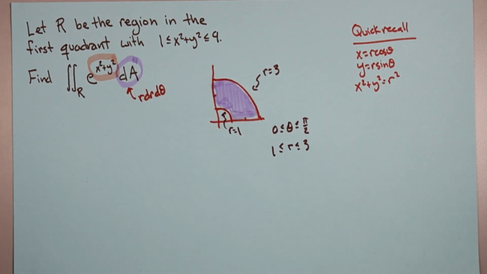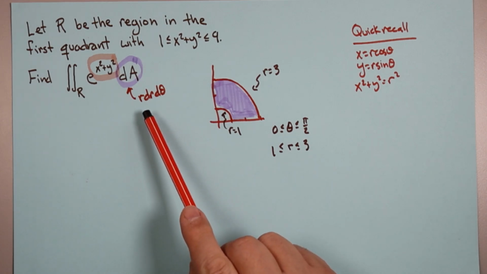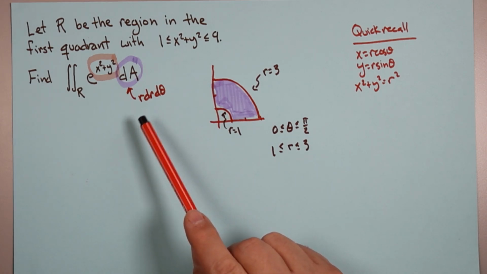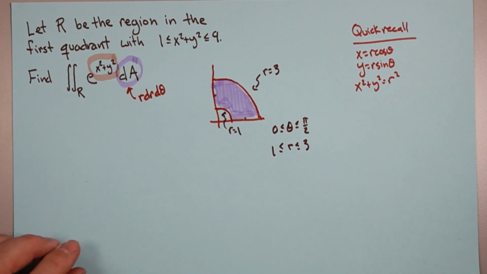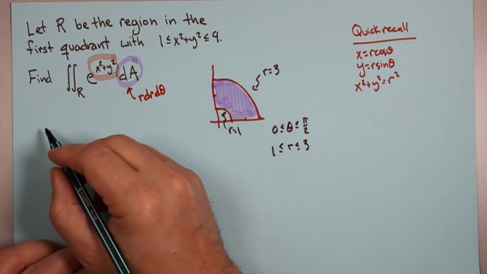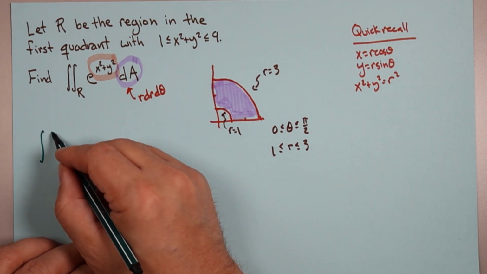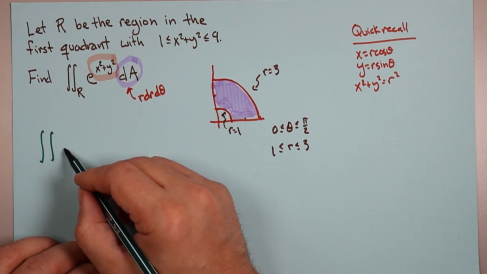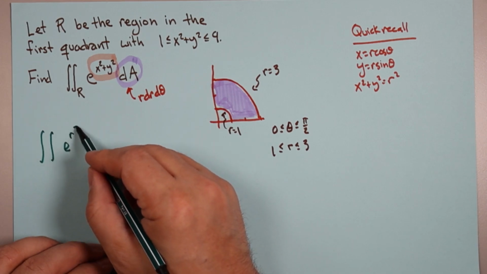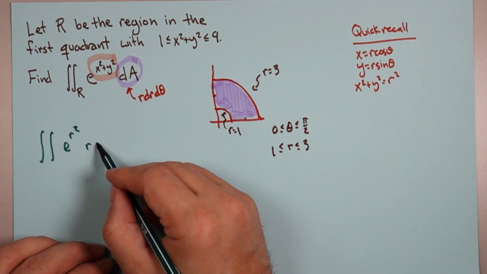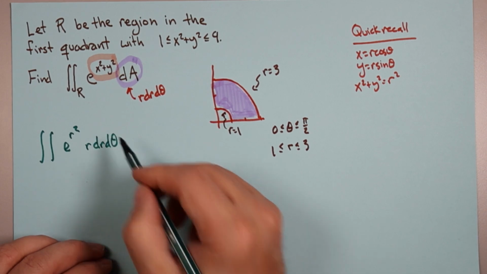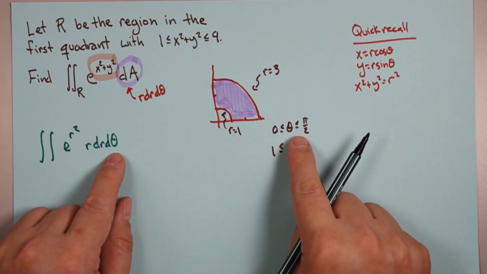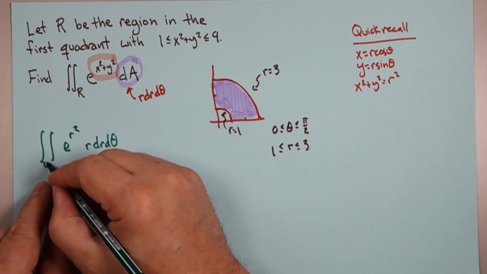And it turns out sometimes that r can be very helpful. So, in our polar coordinate system, what does this all become? Well, we have the integral, e to the x squared plus y squared is e to the r squared. dA is r dr d theta. Theta does what? 0 to pi over 2.